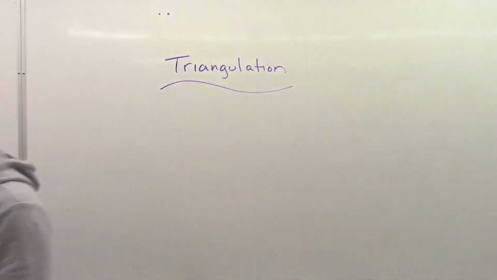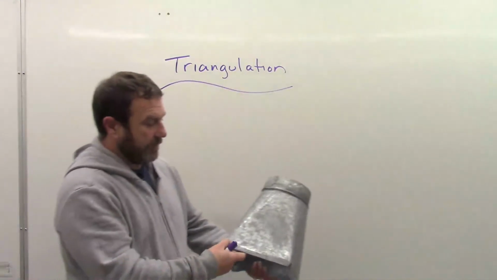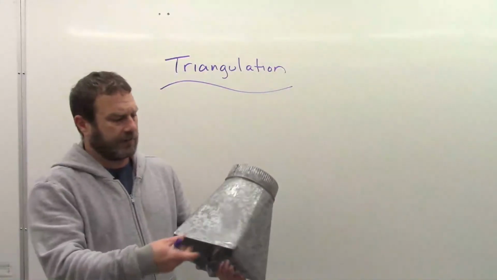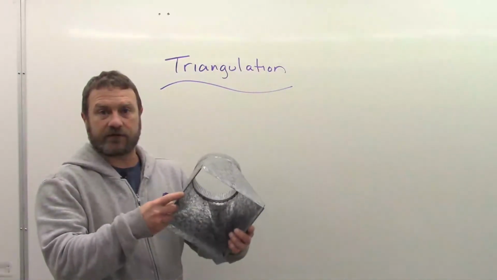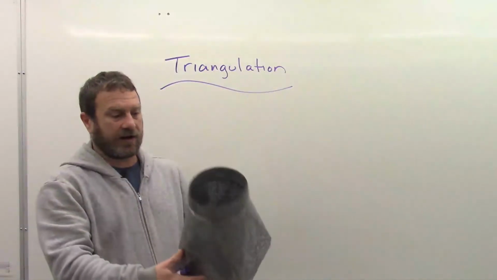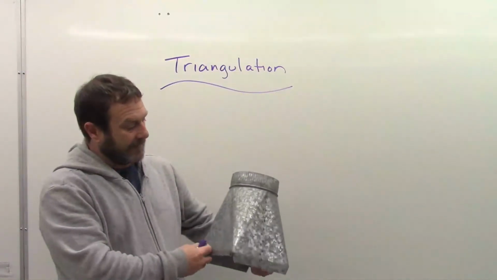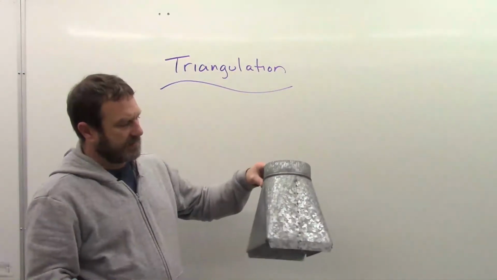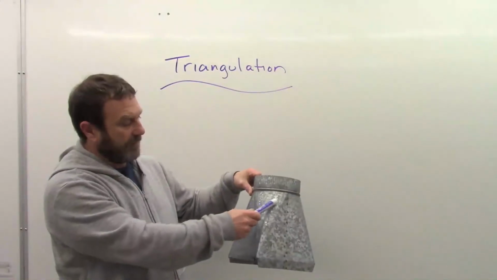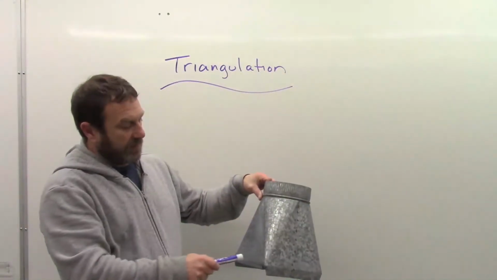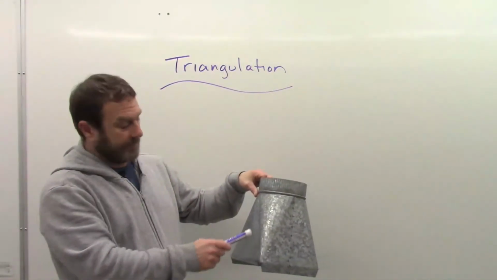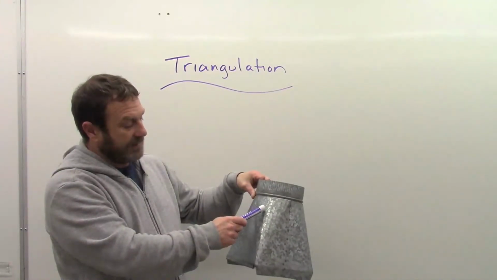Let's look at one fitting here that we would typically triangulate, which is a square to round. So square, rectangular on one end and round on the other end. And you can see specifically on this one, the way that it's formed is we've done what we call bumping it or kinking it, and it's a series of bends.